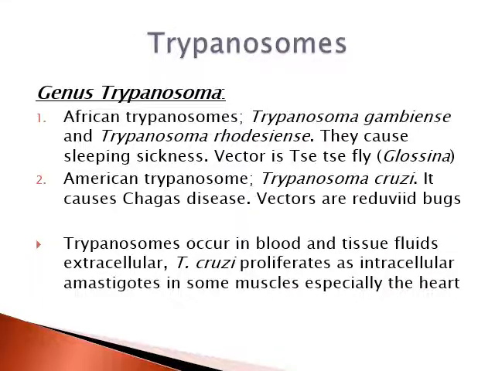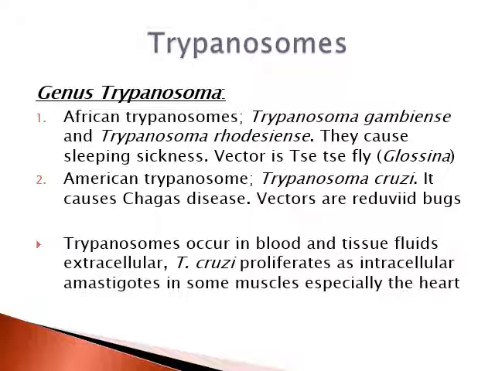His name is Ernesto Chagas, so they call it Chagas disease. The vectors of American trypanosomes are reduviid or triatomine bugs, which are also confined to Latin America.